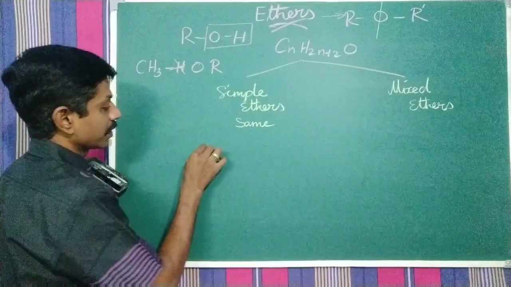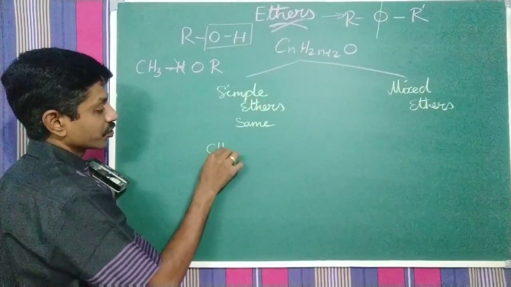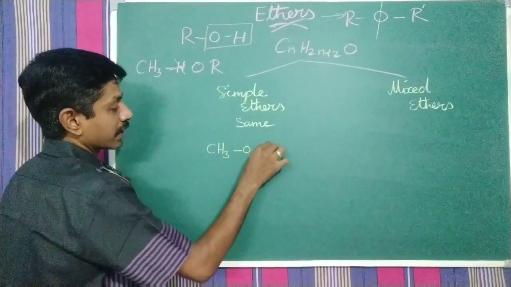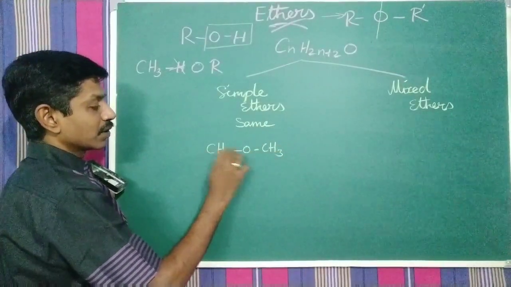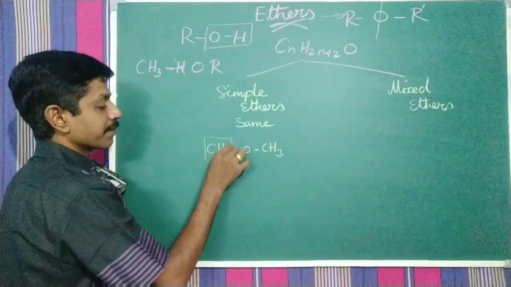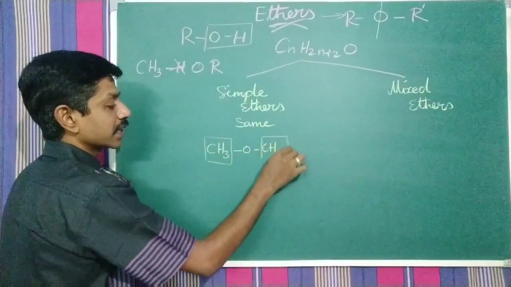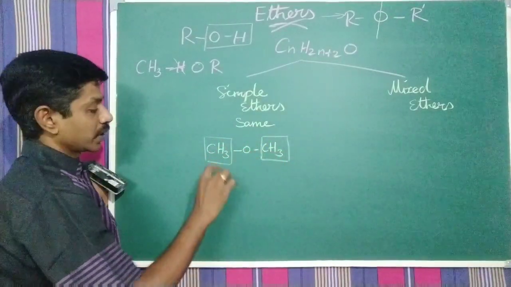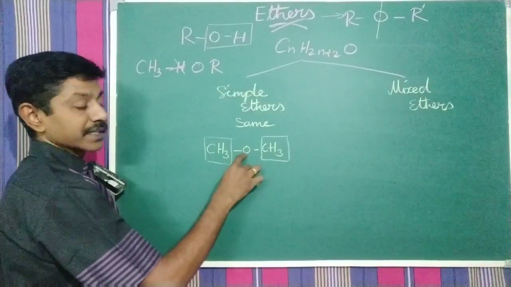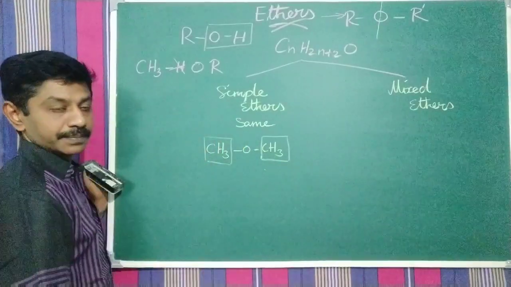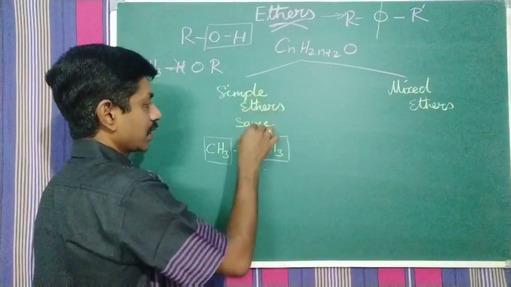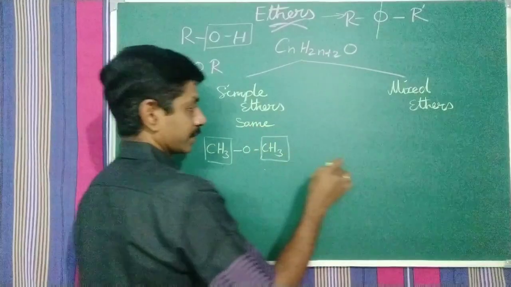Let me give you an example: CH3-O-CH3. If you closely look at the molecule, the groups attached on both sides are the same: a methyl group here and a methyl group on this side also. So the name of the compound is dimethyl ether. From the name you can understand both sides have the same group. They are called simple ethers or symmetrical ethers.